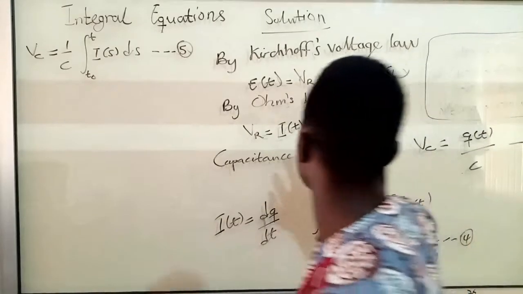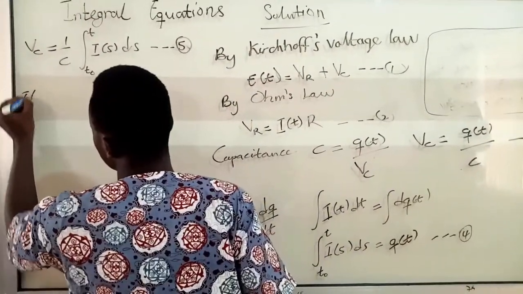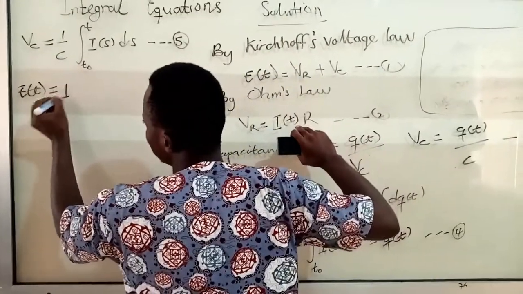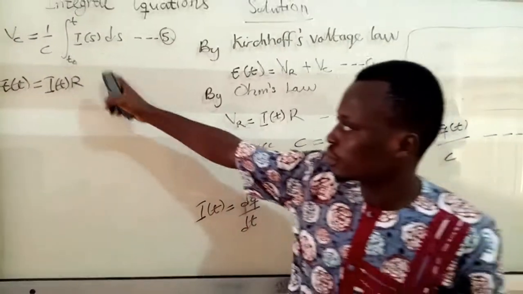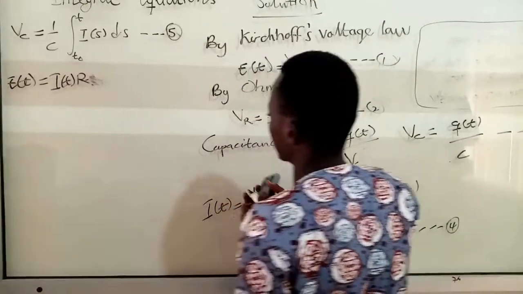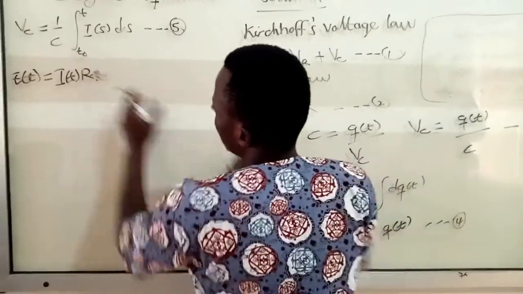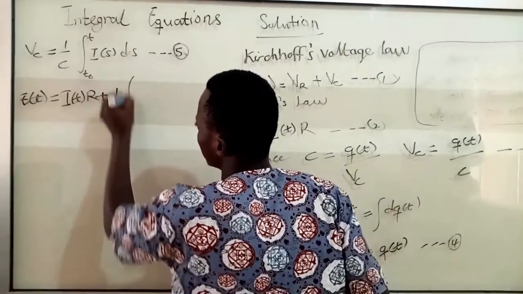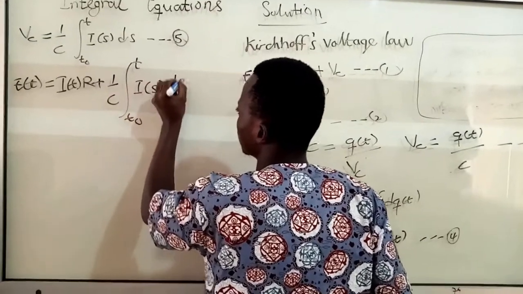So substituting equation 2 and equation 5 into equation 1, we're going to have E of t equal to our VR, which is I of t R, plus 1 over C integral from t naught to t of I of s ds.